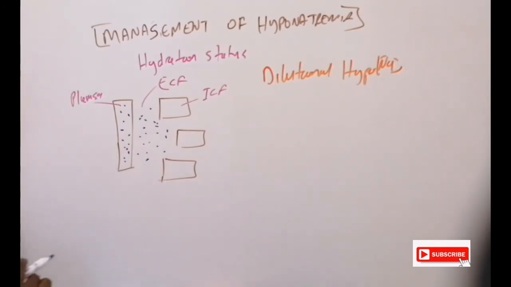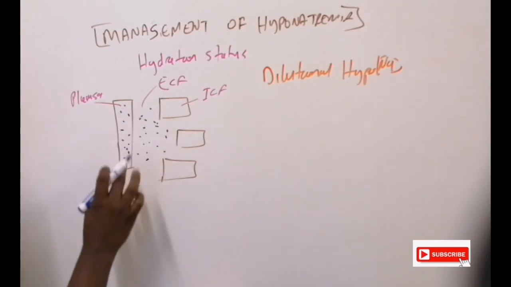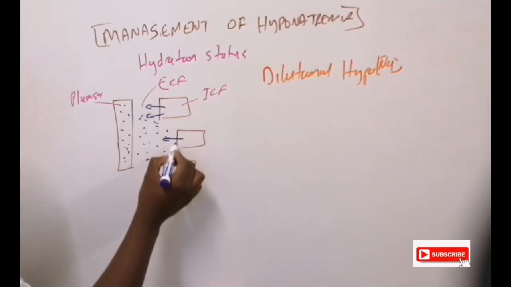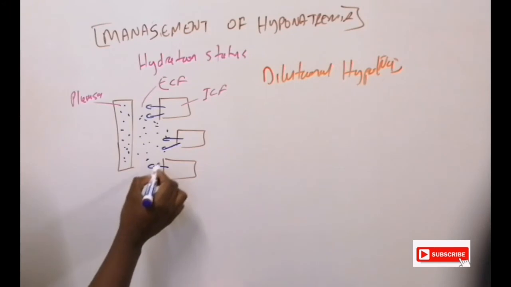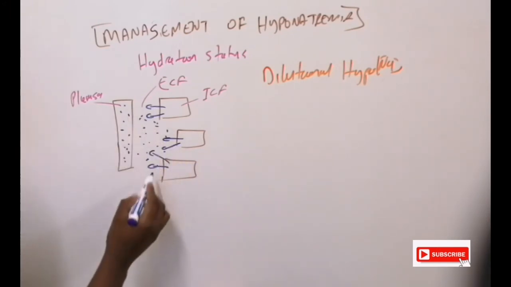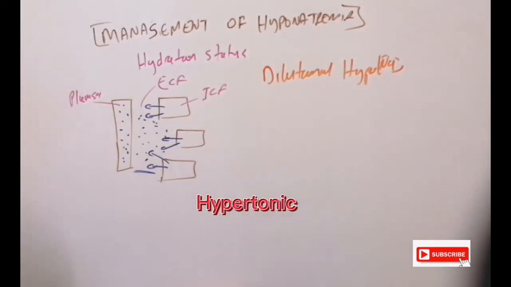Now, because you have these electrolytes there, a lot of water is pulled out of the cell. So the sodium that you have in the extracellular space is diluted.